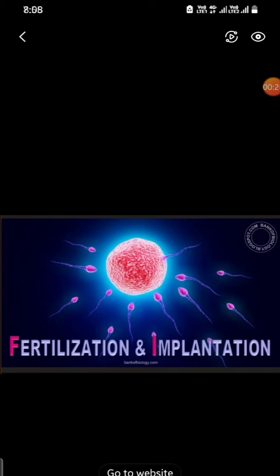Gametes are formed when the reproductive phase is reached. When the woman reaches the reproductive phase, she starts producing the ovum, and when the male reaches the reproductive phase or puberty, he will start producing the sperms, right?